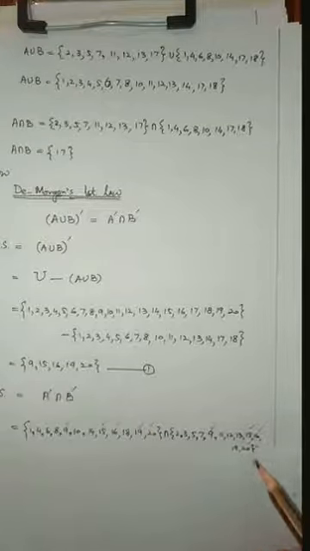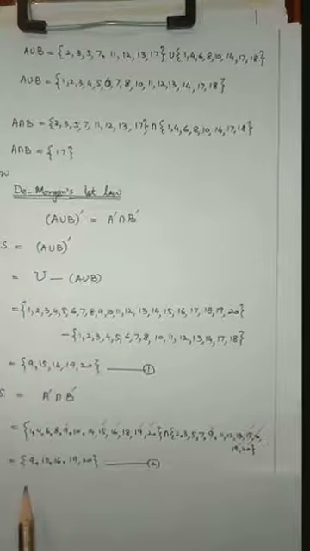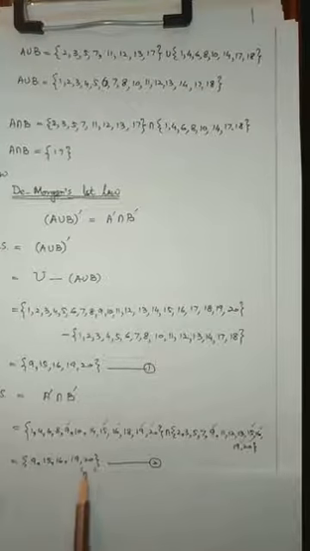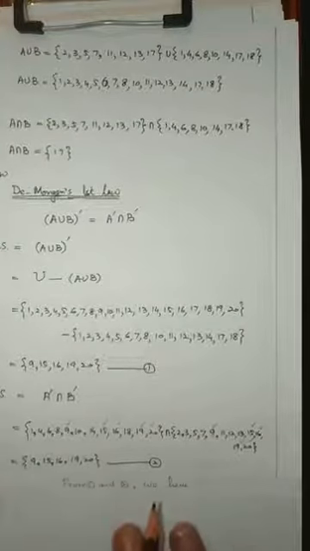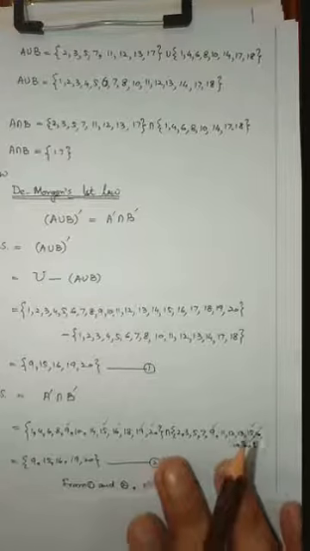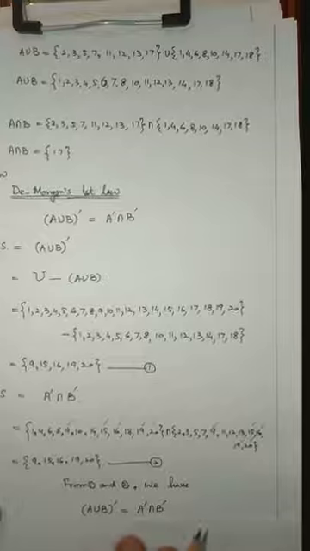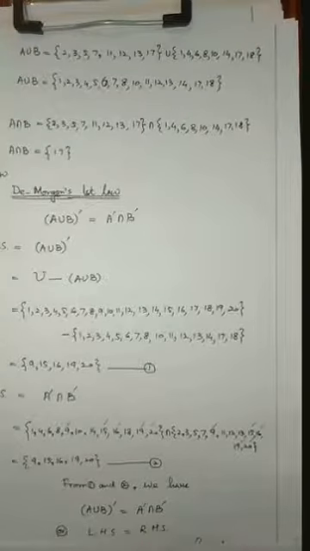So right hand side is equal to 9, 15, 16, 19, 20. This is called equation number 2. From 1 and 2 we have A union B whole complement is equal to A complement intersection B complement, or left hand side is equal to right hand side.